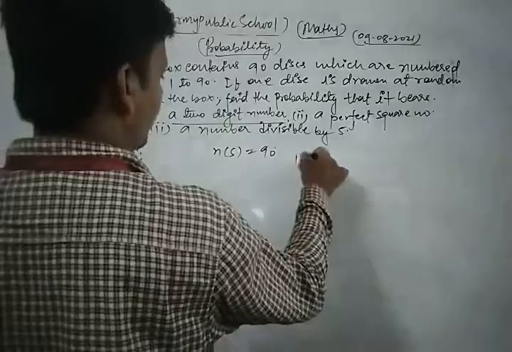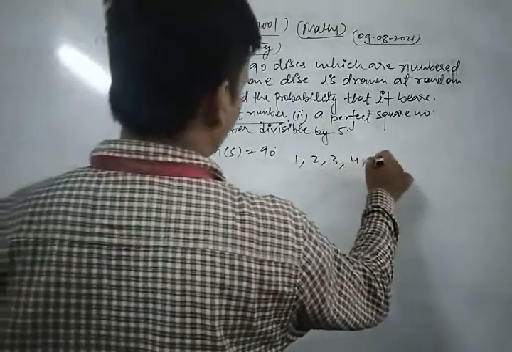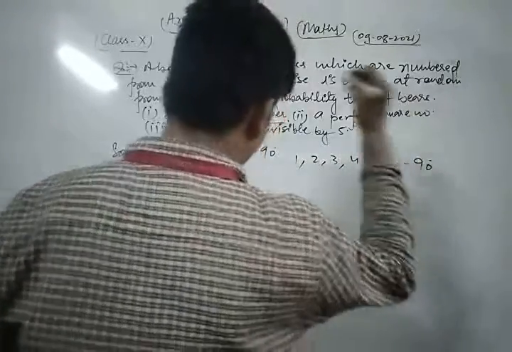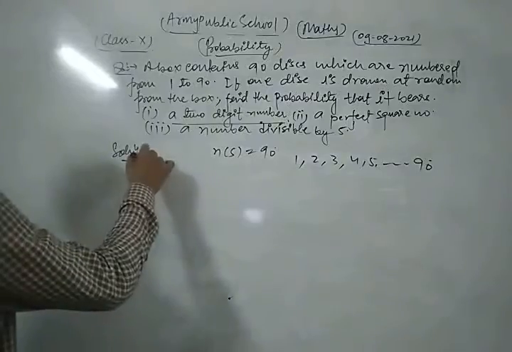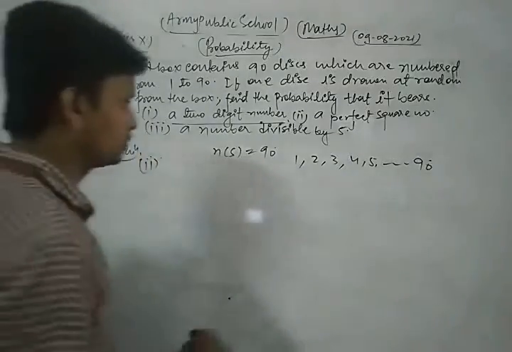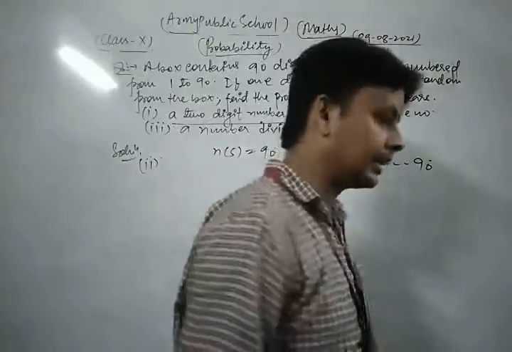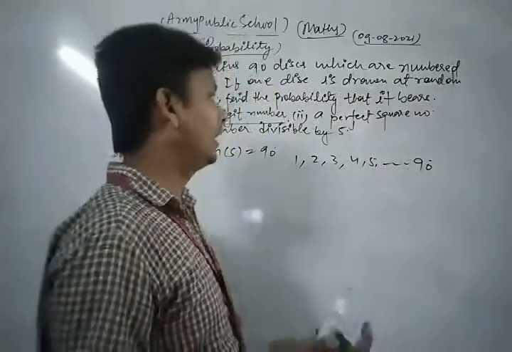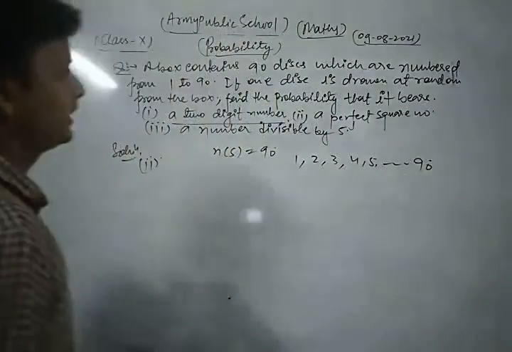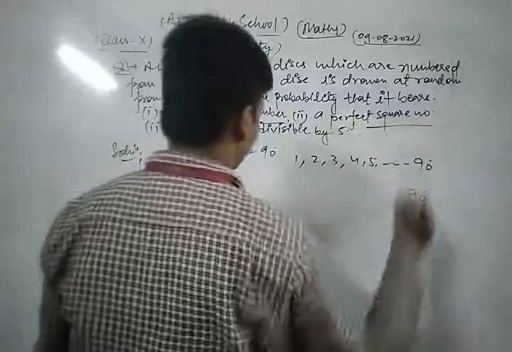We have the numbers from 1, 2, 3, 4, 5 and so on till 90. In the second part of this question, we select a disc and find that it bears a perfect square number.